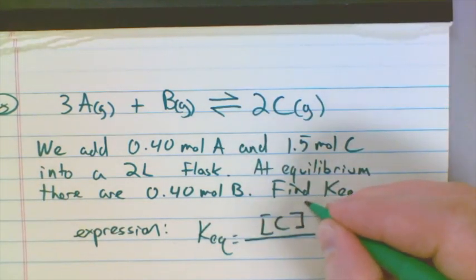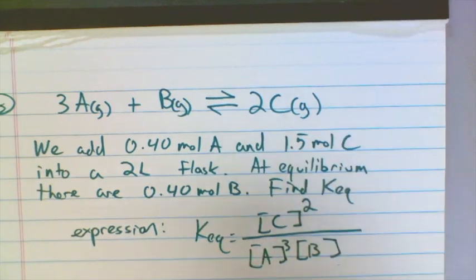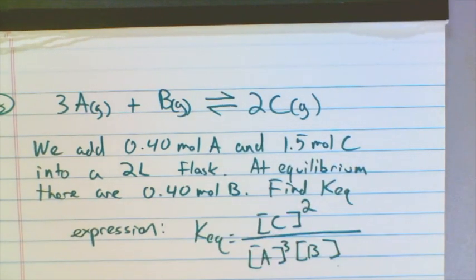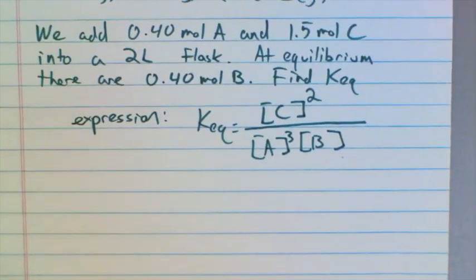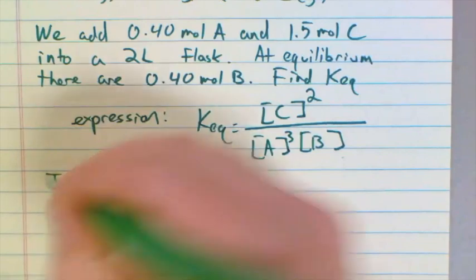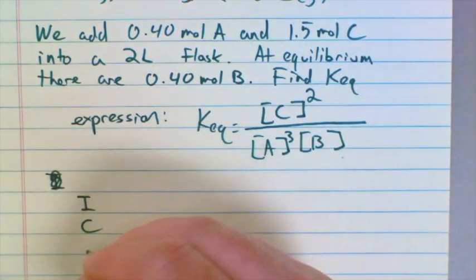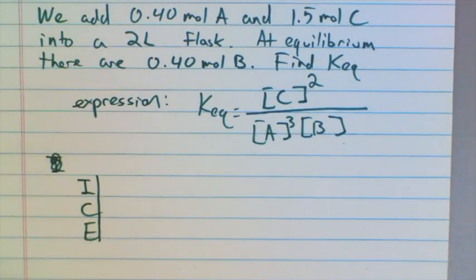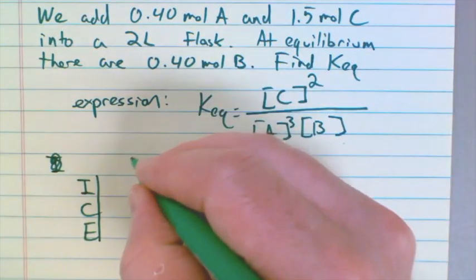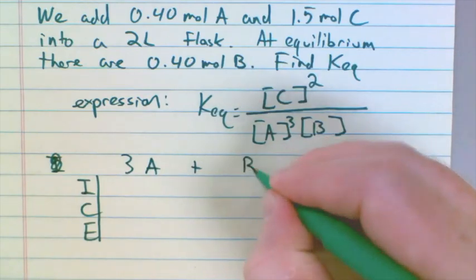So we've got our products over reactants. And now we can set up our ice box. I'm going to move down a little bit here. Write ICE. I rewrite my reaction, giving myself plenty of space.